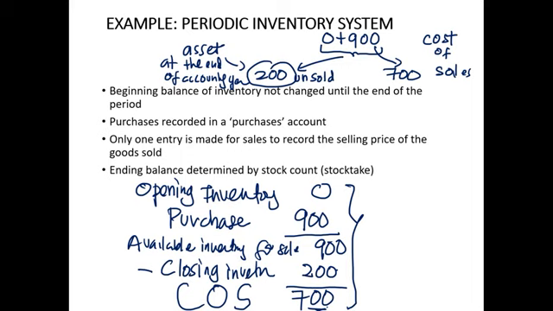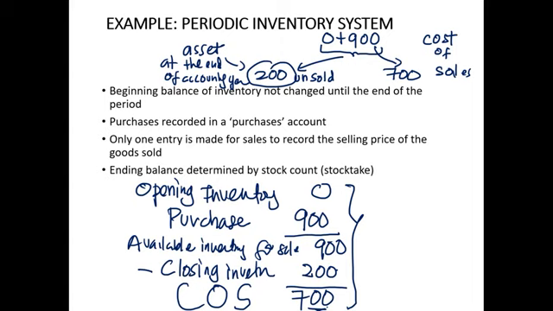So every time you want to determine your cost of sale, you have to go to the store, check your closing inventory balance. Then you will get your cost of sales. Compared to using the perpetual, at any point of time from the accounts, you know what is your cost of sale, what is your inventory balance.